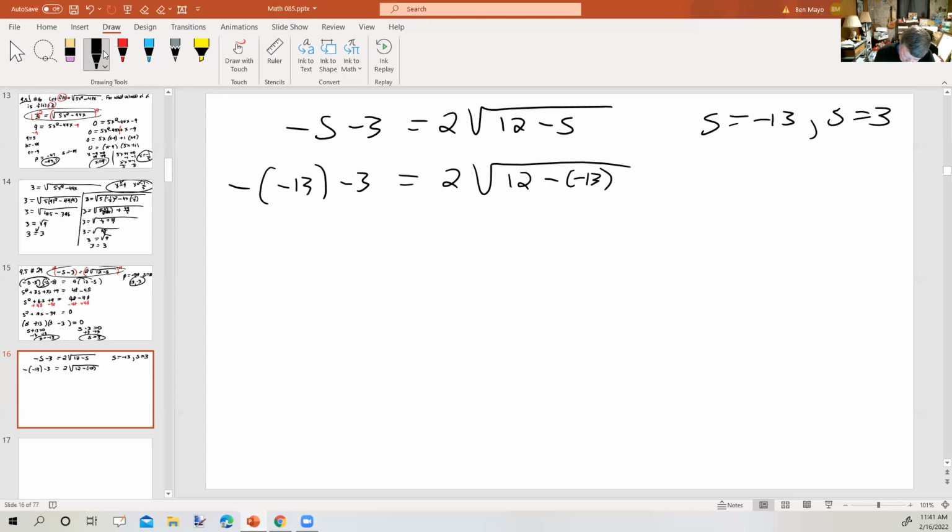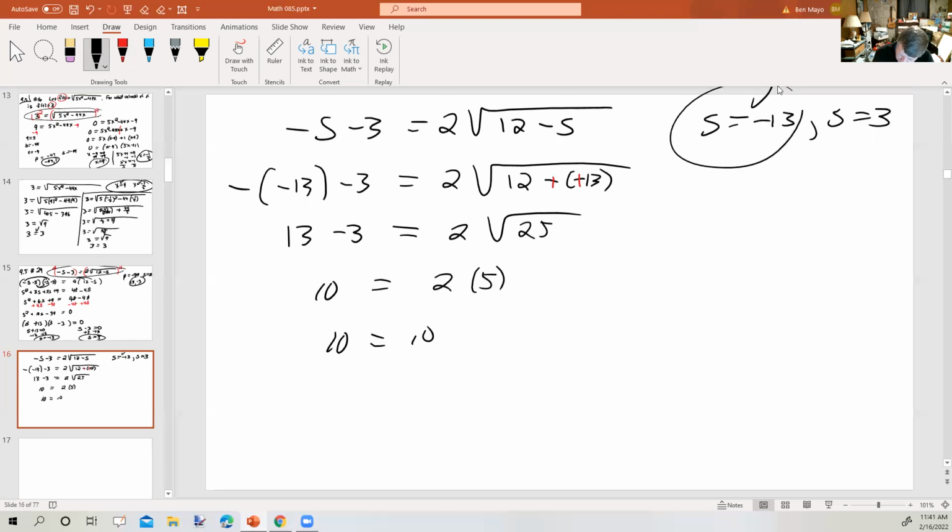Subtracting a negative is like adding a positive. So 13 minus 3, or 10, equals 2 times the square root of 12 plus 13, which is 25. The square root of 25 is 5. So we get 10 equals 10. So negative 13 works.